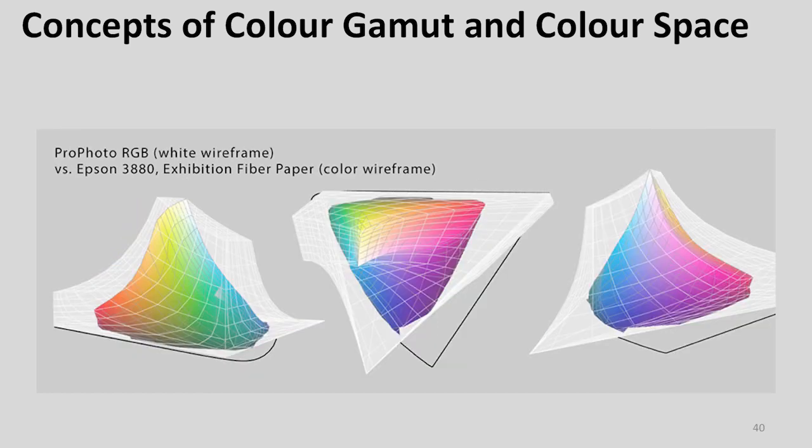So let's have a look at the ProPhoto color space as represented by the white color frame, and what can be reproduced by the Epson 3880 printer on the same exhibition fiber paper. So looking at the ProPhoto, which is a white color frame, which is much larger than what can be represented on paper, which is the Epson 3880 exhibition fiber paper.